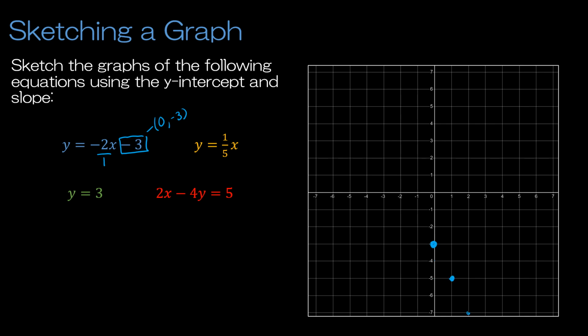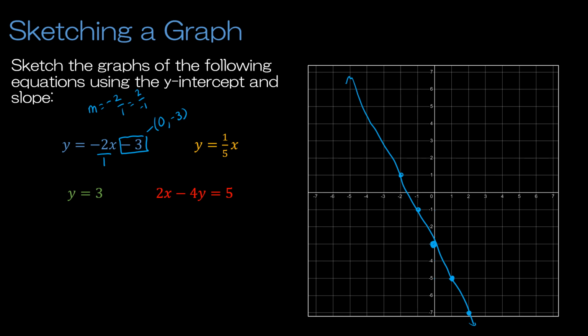Down 2 to the right one. Just as we did before, when we did rise over run, I can think about this as 2 over -1. So I can go up 2 and to the left 1, and you can see that those points are on the same line. So that's my first graph of the line.